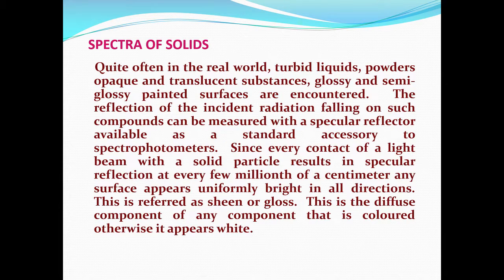So, the quality of the painting or an electroplating or a thin film prepared in a laboratory, all these things can be standardized using a reflectance term that is known as sheen or gloss. Sheen is S-H-E-E-N, and gloss, of course, many of you are familiar with the word. Gloss is the diffuse component of any material that is colored, otherwise it appears white. So, that is the definition of gloss.